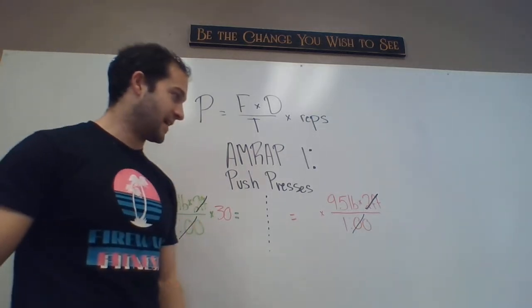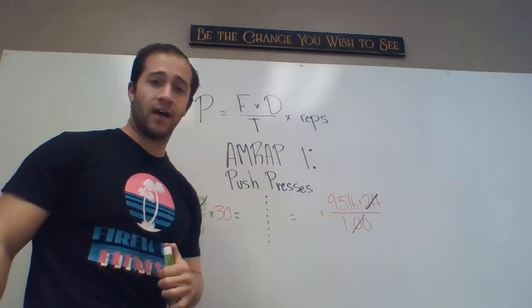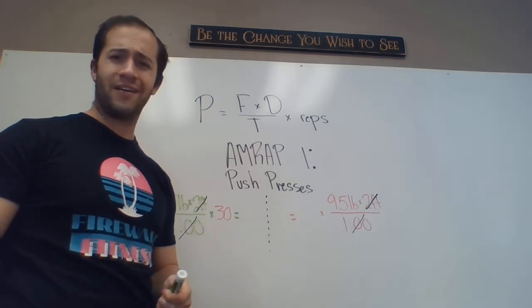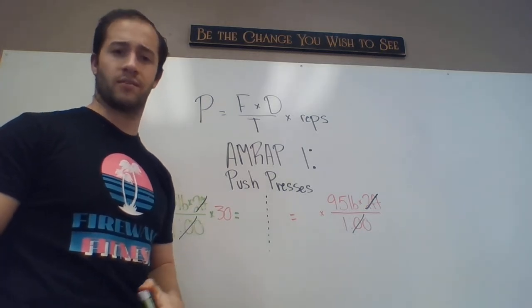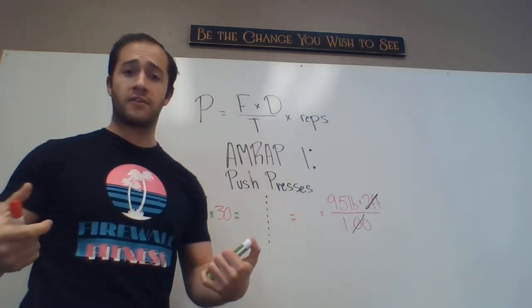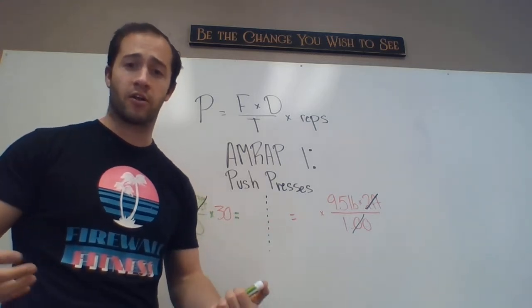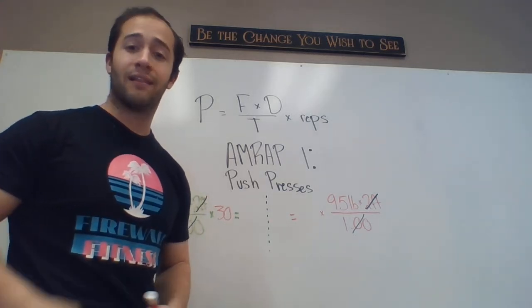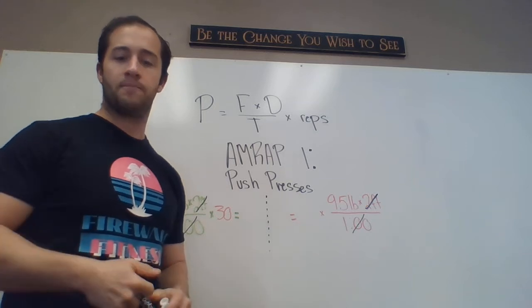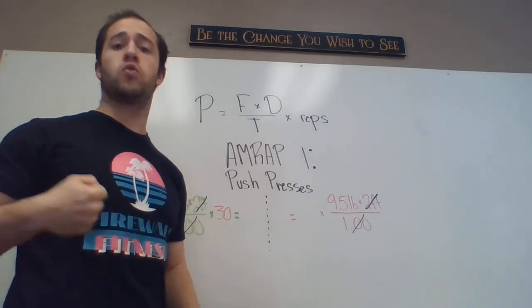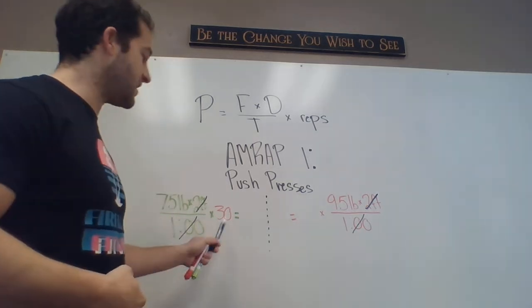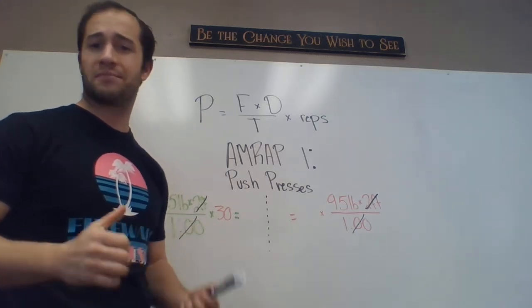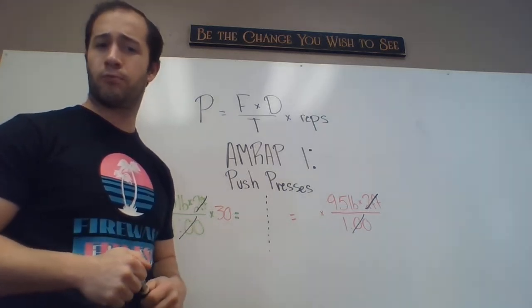Now, let's say you try then a 95-pound bar, and you're like, oh, hell yeah, this is 20 pounds heavier. Of course I'm going to do this in the workout today. Obviously, now that bar is heavier, which means you're going to be completing less reps. Let's say in a minute you're able to do 22 push presses. Let's say here you had to break up twice, but you could do something like 2 sets of 15 and have a little break in between.